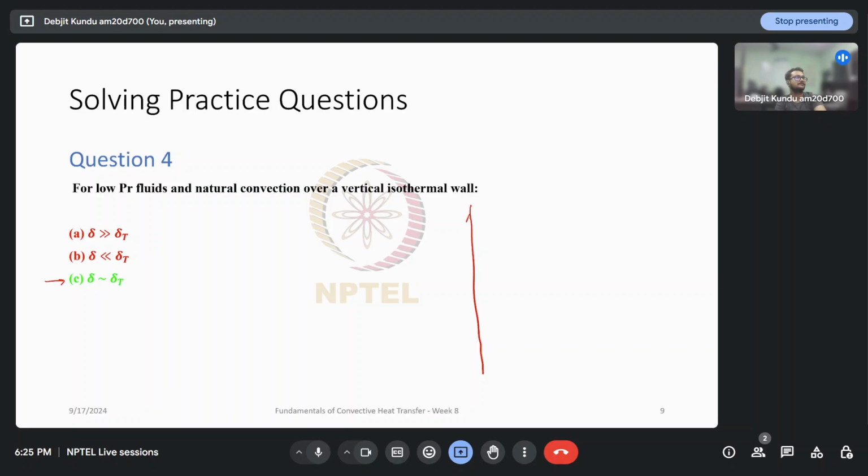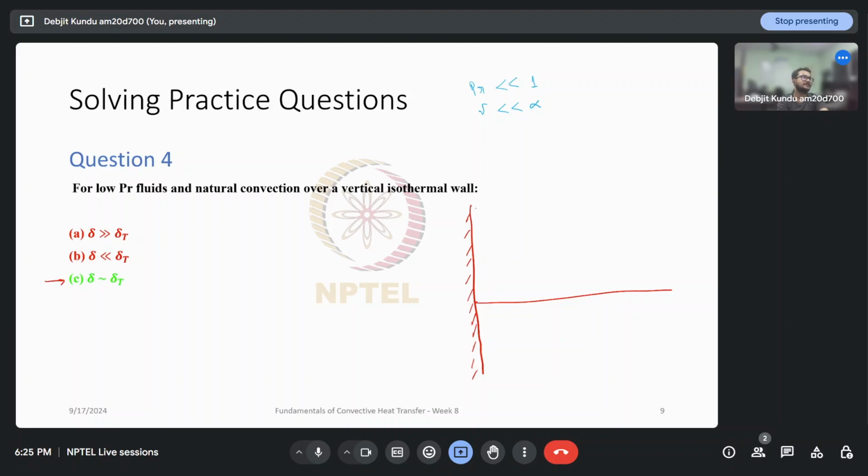So once again, if we have a wall like this, let's draw the temperature profile first. Okay, so the Prandtl number is much, much less than 1. As a result, alpha is much, much greater than nu.